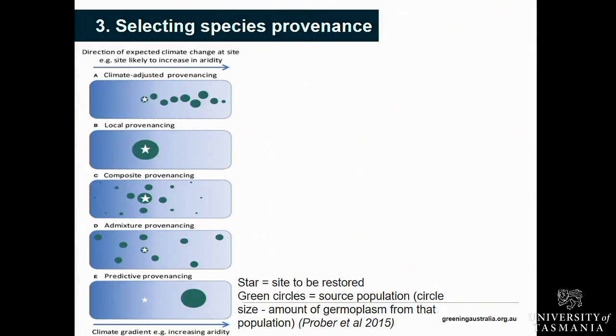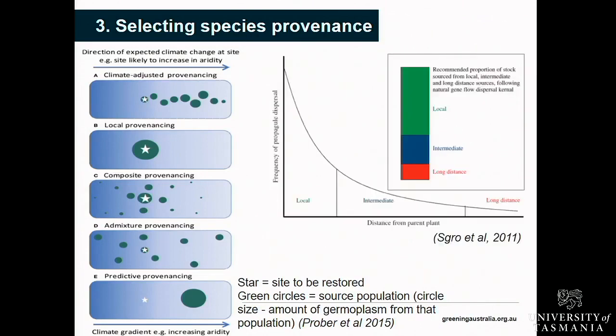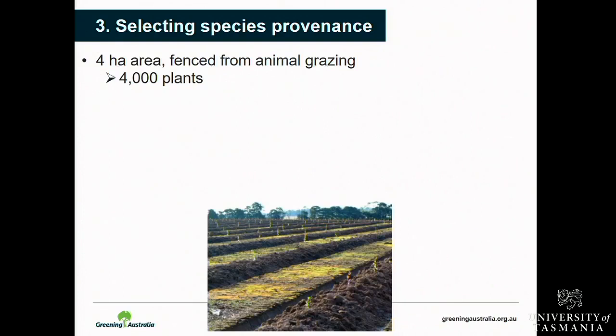And we can use climate-adjusted provenancing, as has been suggested previously, and we can also try and choose different provenances, both from local areas, those which are an intermediate distance away, and those from a long distance away. So if we're looking at sites, ideally we'd have 4 hectare areas, each in those locations I showed before.